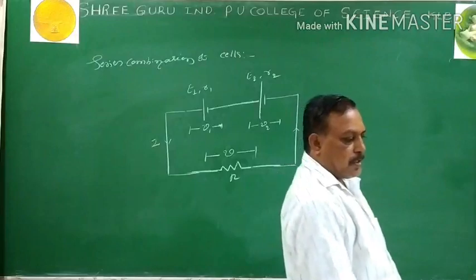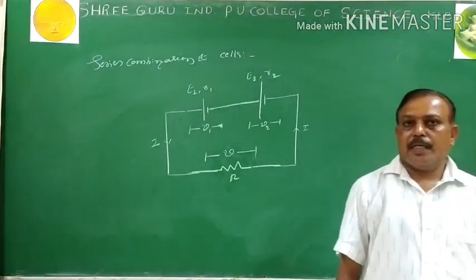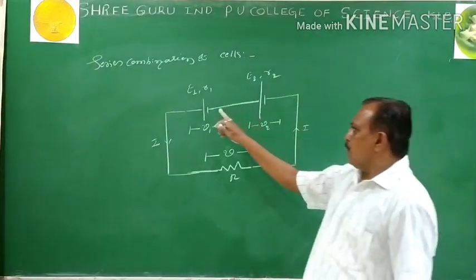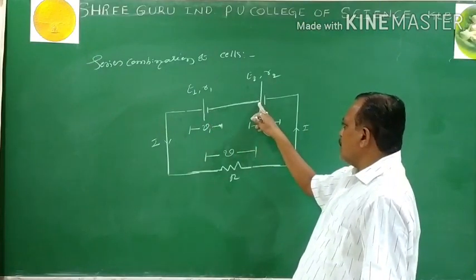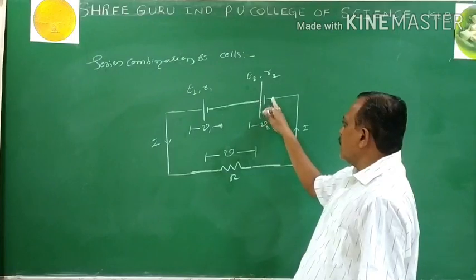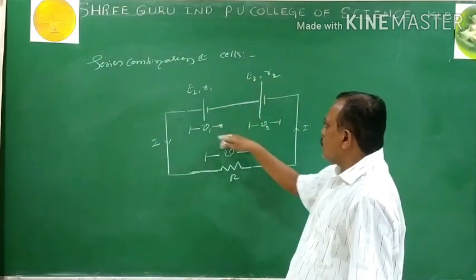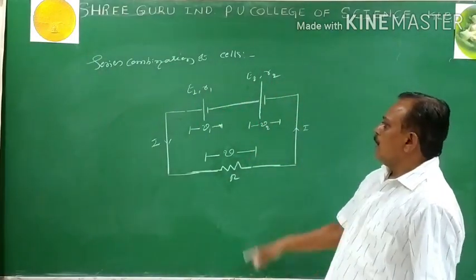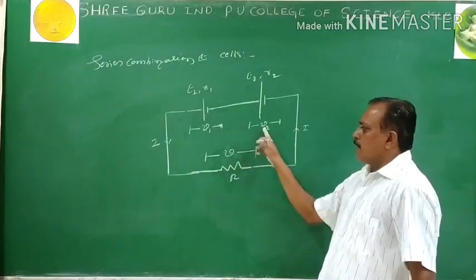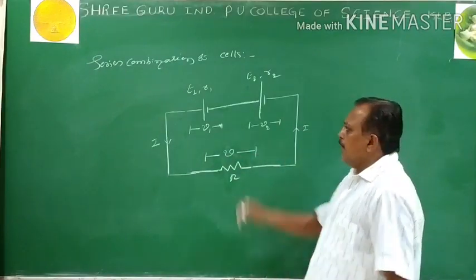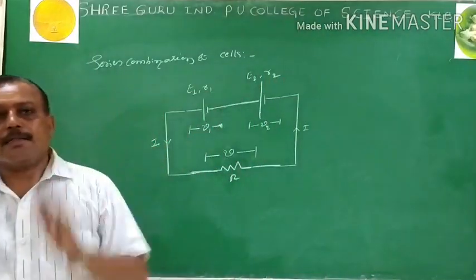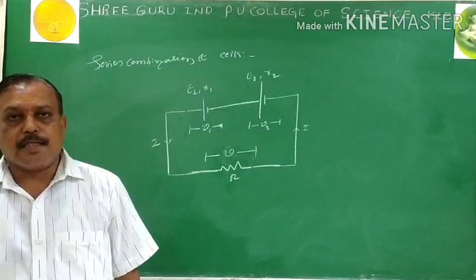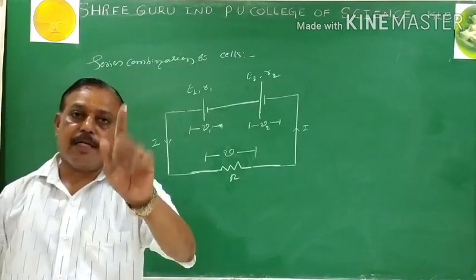In series combination, what is the basic concept? They are connected end to end: the negative end of one cell is connected to the positive end of another cell, and the process continues. This combination is called series combination. In series, the current remains the same and voltage divides. Then instead of the two cells, if I take a single cell, that single cell is known as the equivalent cell.